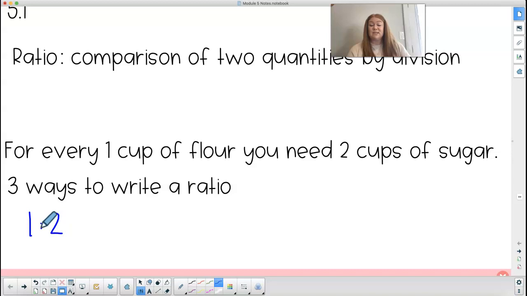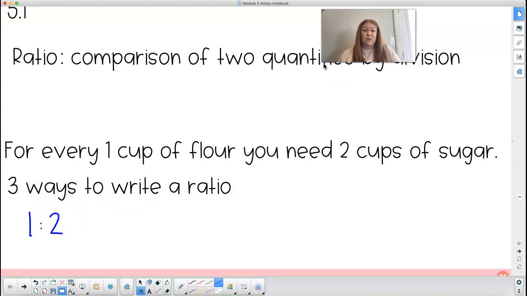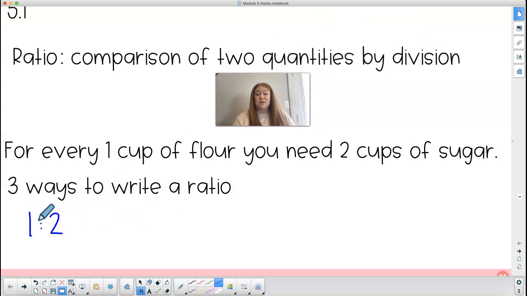And we can put these colons here. So be sure to write these on your notes. You can actually just write 1 to 2, and you can write the word to. I would say this is the least common way.